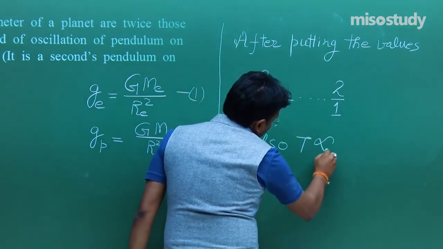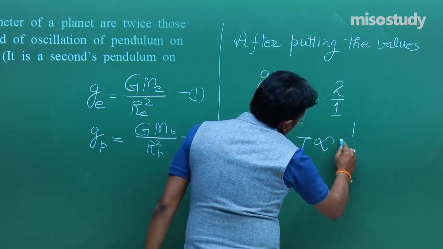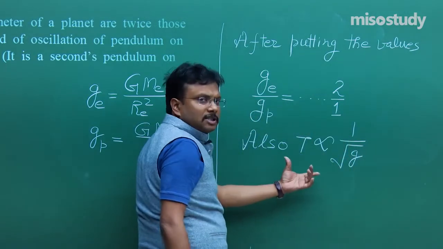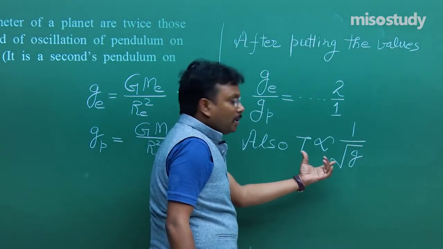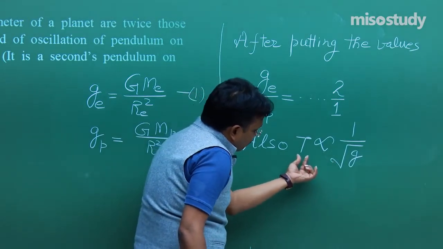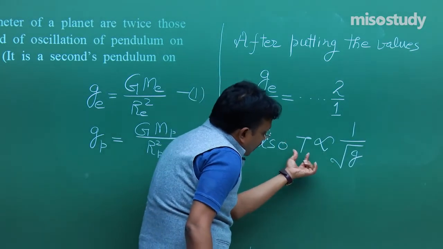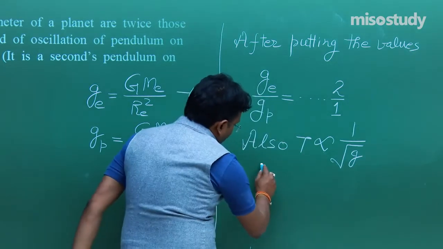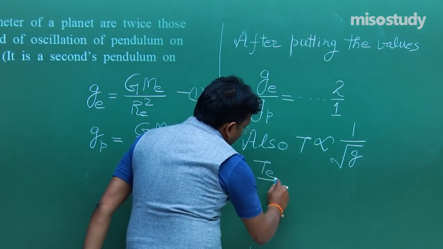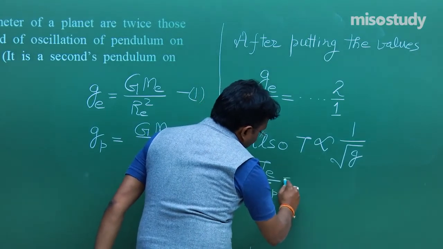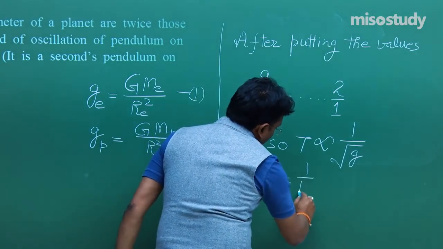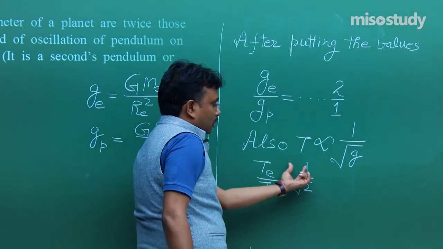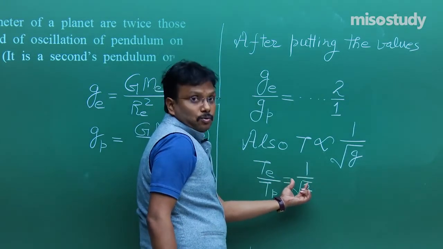Also, T is directly proportional to 1 over under root g. Just 2 minutes back I explained, no problem. So here you have to use again T earth upon T planet, fine. So T earth upon T planet is equal to 1 upon root 2, fine.